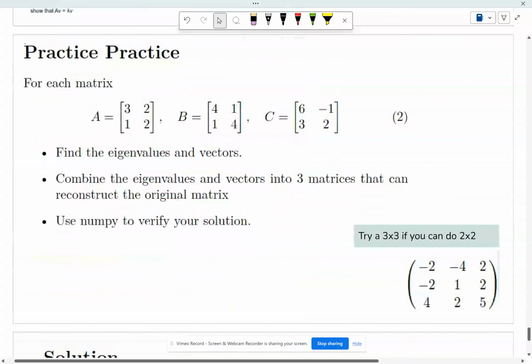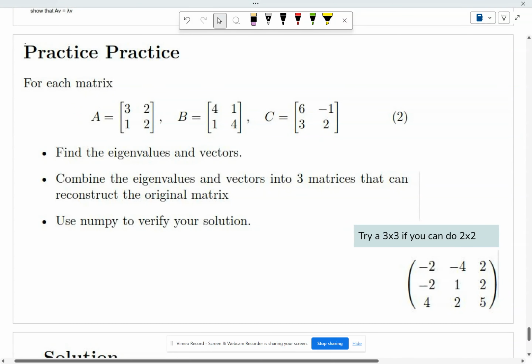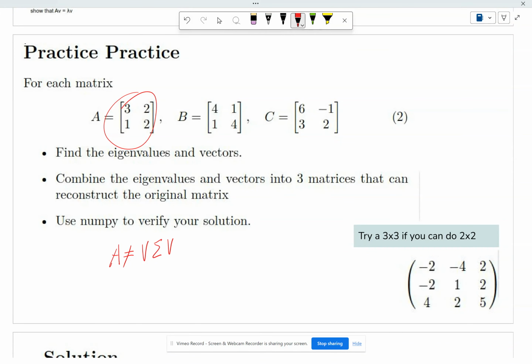All right, to finalize today's lecture, see if you can find the eigenvalues and eigenvectors for this. And for this one, if you were to do the eigen decomposition, because A is not symmetric, A will not equal V sigma V transpose. But since this one is symmetric, B will equal V sigma V transpose. Okay?